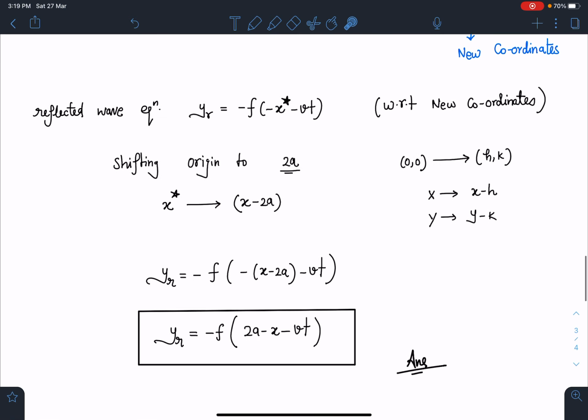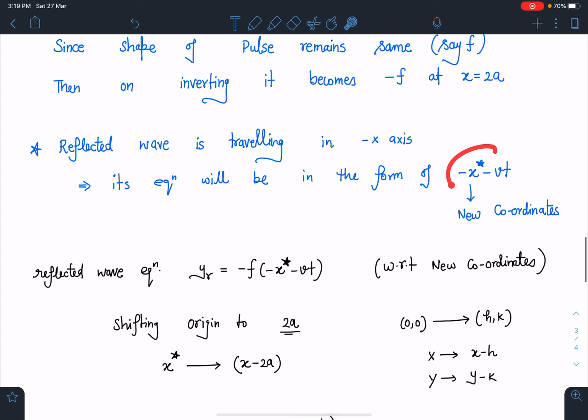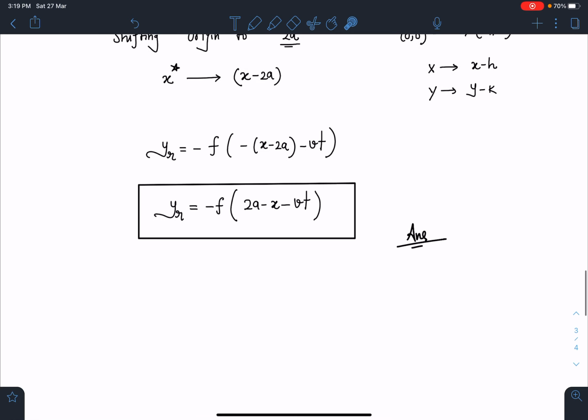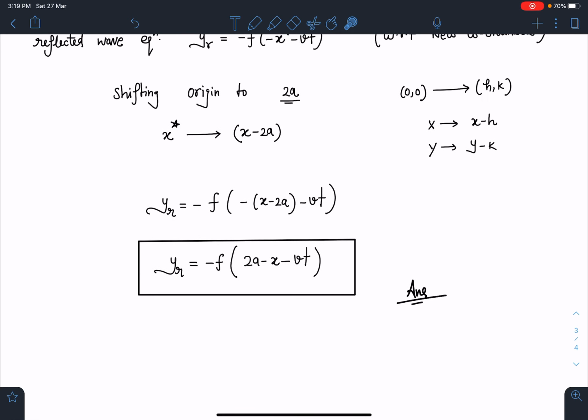Now my equation is going to be y reflected is equal to minus f of x star, where x star is x minus 2a, minus vt. So this was my equation here. When I substitute the value and simplify this, I get y reflected is equal to minus f of 2a minus x minus vt.